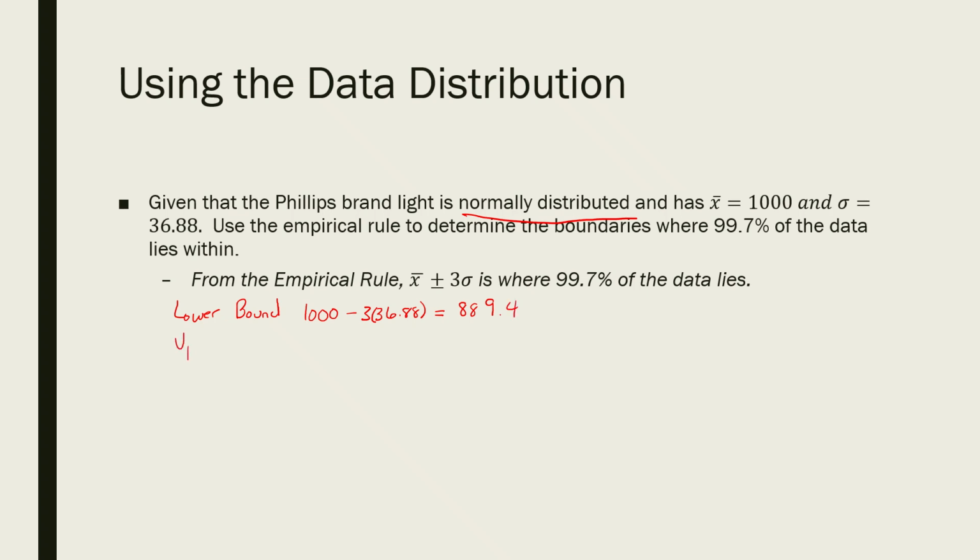My upper bound is going to be 1,000 plus 3 times 36.88. So 1,000 plus 3 times 36.88.